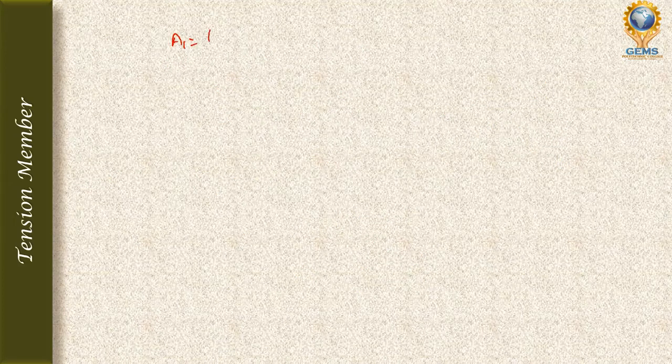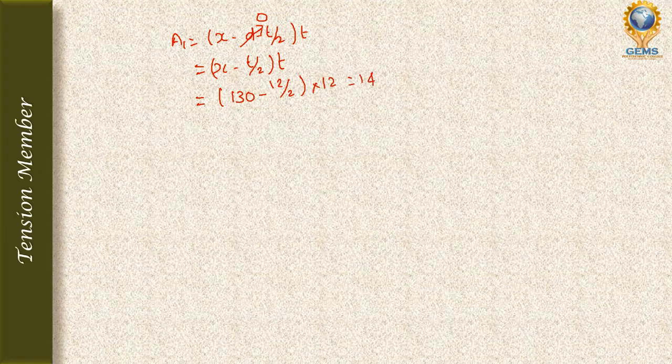A1 is equal to (x minus d minus t by 2) into t. Here d is the diameter of the rivet, but we are using weld, so it will be 0. So (x minus t by 2) into t. So x is 130, (130 minus 12 by 2) into 12, we will get 1488 mm square. And the area of the outstanding leg is (y minus t by 2) into t.